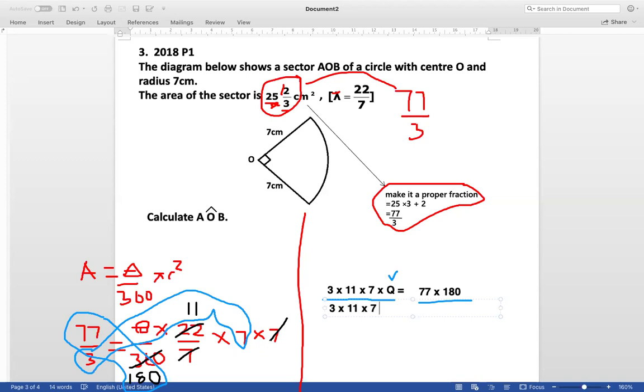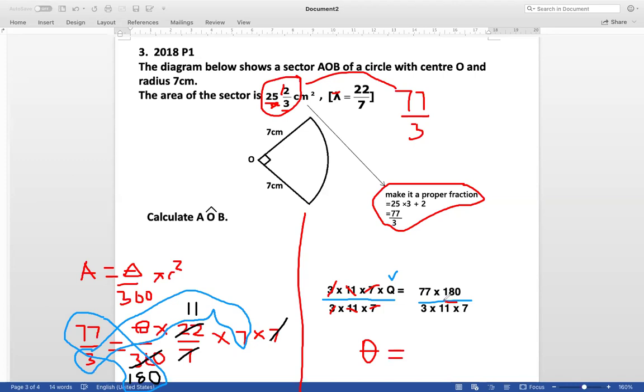This is the best way so that you do not get bigger numbers at the beginning. So we're going to divide by the same number, on both sides. And then once that happens, we can see that the 3 cancels the 3, 7 cancels the 7, and 11 cancels the 11. What remains is actually theta.